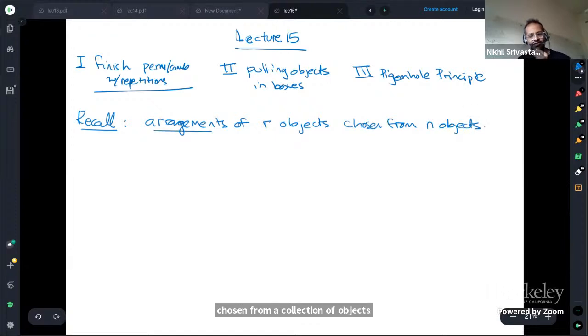There were a couple of variations of this, which it's useful to organize in a table. So I'm just going to draw a table here.